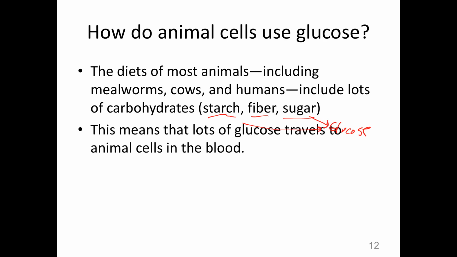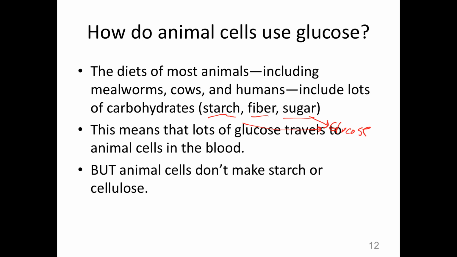That means glucose travels to cells in the blood, and we can get it through digestion. But animal cells don't make starch or cellulose. Starch is actually a plant material, which is a source of food for us.